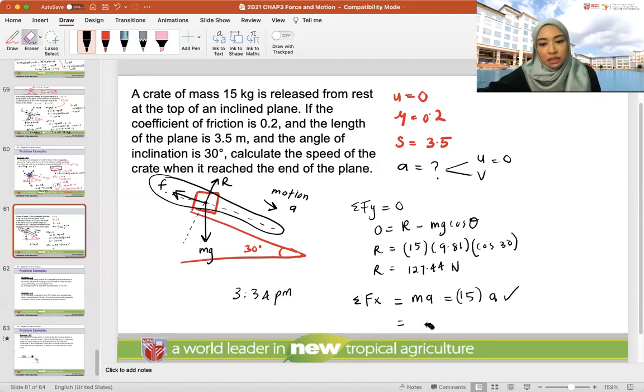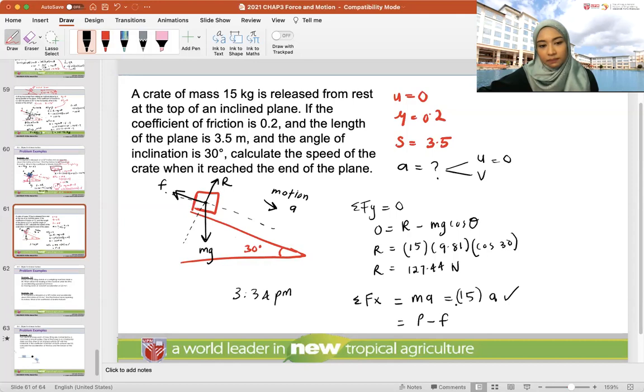Apa yang saya patut tulis dalam equation saya based on free body diagram? Oh, Fx tu, P tolak F kan? Apa? A ke T? P. P tolak F. Mana datang P?